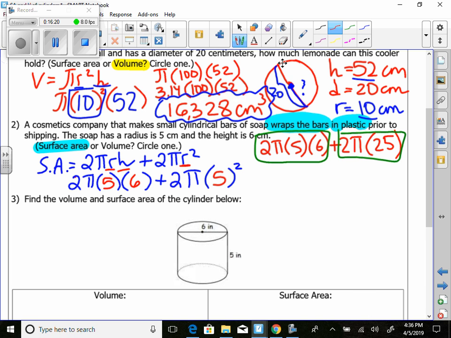So 2 times 3.14 times 5 times 6 is 188.4. And for the second part, 2 times 3.14 times 25 is 157. Now I can add these two areas together, okay? 345.4 square centimeters, since that was surface area, okay?